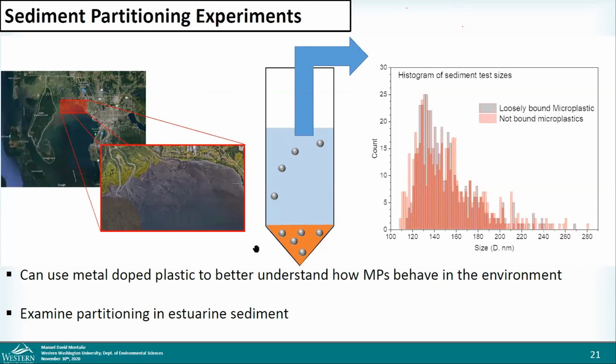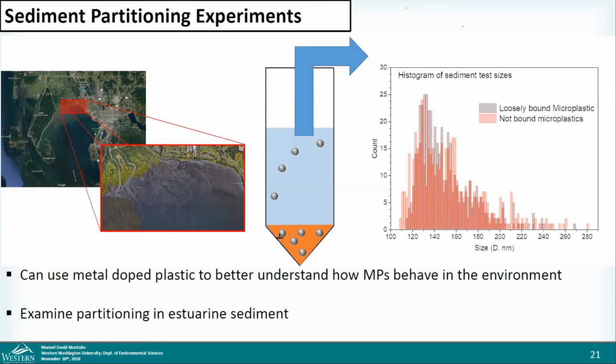And then we can fully dissolve our sediment to get back our mass balance of the microplastics that stayed in the sediment. So we can start to identify the behavior of microplastics when it comes to the partitioning of microplastics in our estuarine sediment.